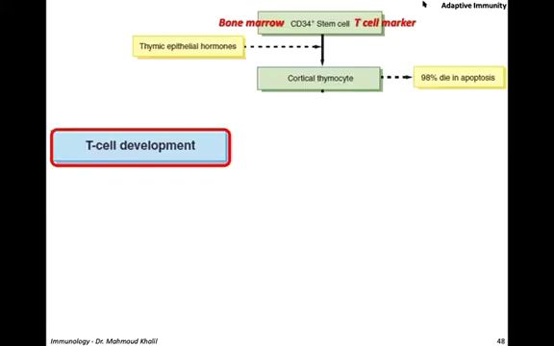So let's see here what's happening to the T cell. Originally, as you can see, you have the bone marrow and the stem cells, which are characterized by having a receptor, CD34. And this actually is a marker, a T cell marker, identifying cells that will differentiate into a T cell.